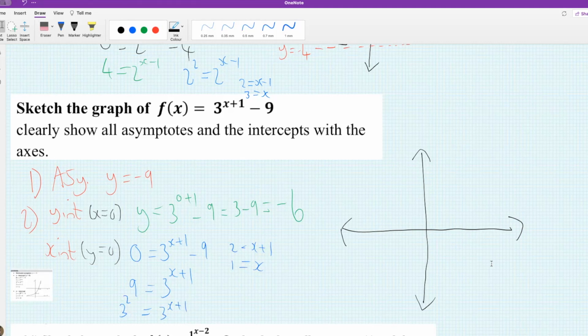Anybody else get x is 1 for your x-intercept? Okay, yeah, Namfundo agrees. Okay, that's good.